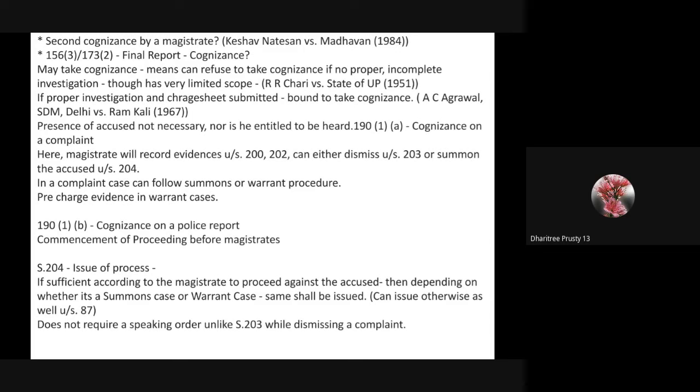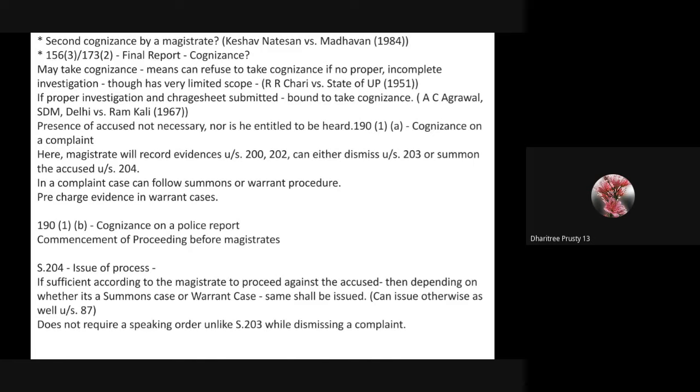So in RR Chari versus State of UP, as I discussed, it was again narrated beautifully in this landmark judgment that the court may take cognizance, which suggests that it can refuse to take cognizance if there is no proper or incomplete investigation.